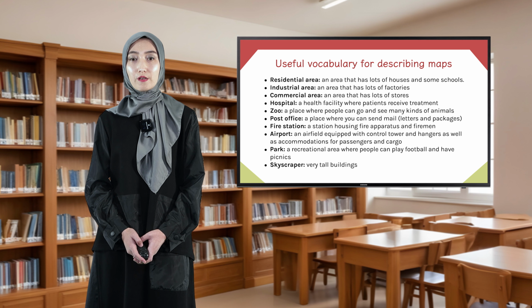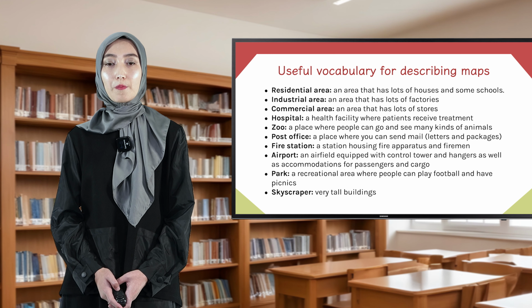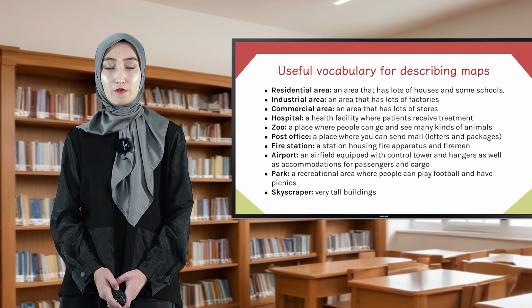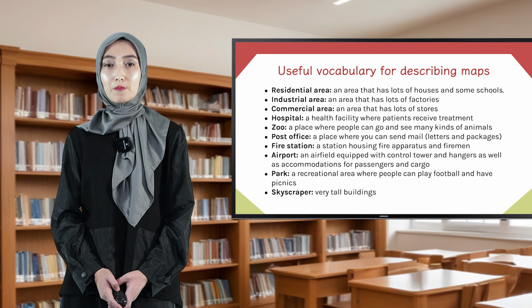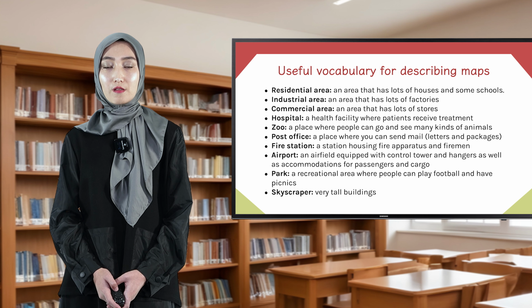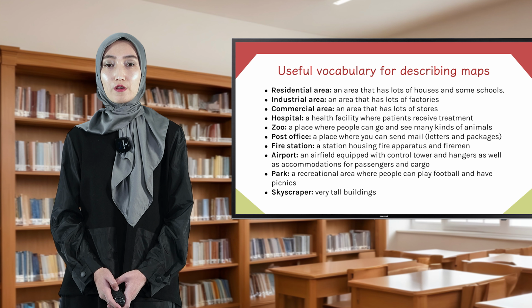An airport, an airfield equipped with control tower and hangars as well as accommodation for passengers and cargo. And a park is a recreational area where people can play football and have picnics and so on. And skyscrapers, that is a building type which is really high and tall.